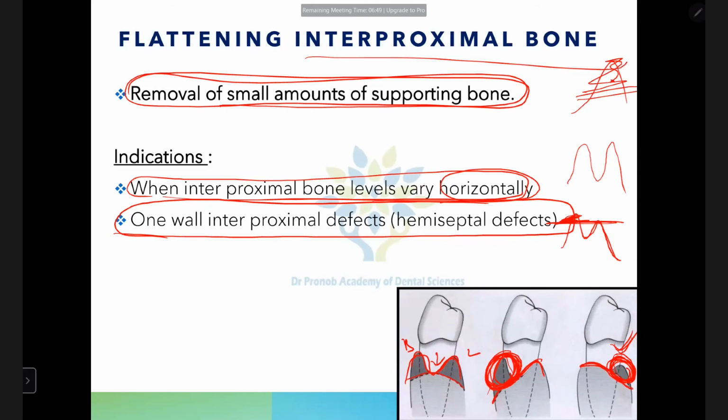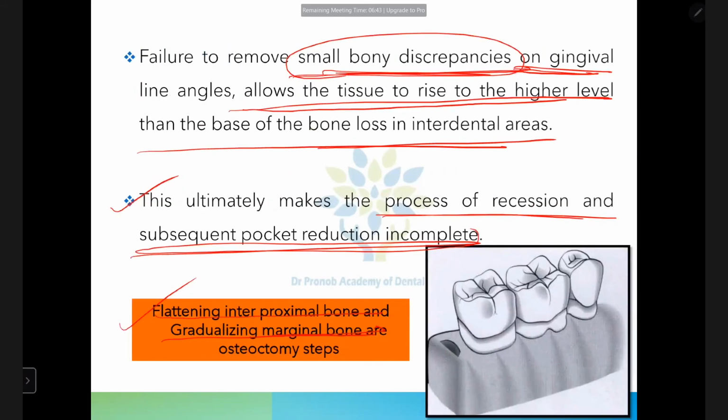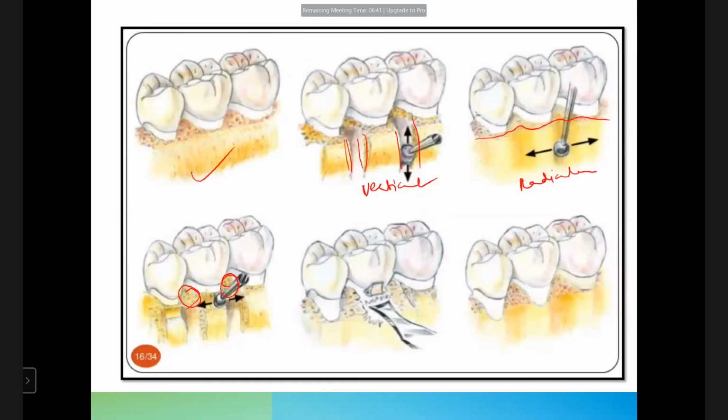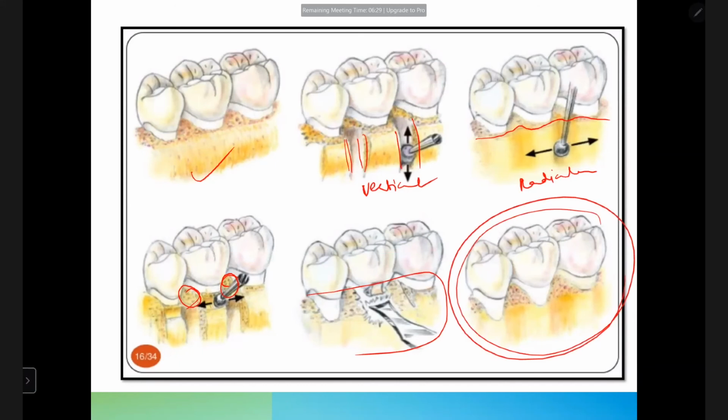So interproximal bone is removed. This is called flattening of the interproximal bone. Okay, last one is gradualizing the marginal bone. We are providing a smooth base for the gingival tissue to fall in place. So finally we are creating a good physiologic contour, right?